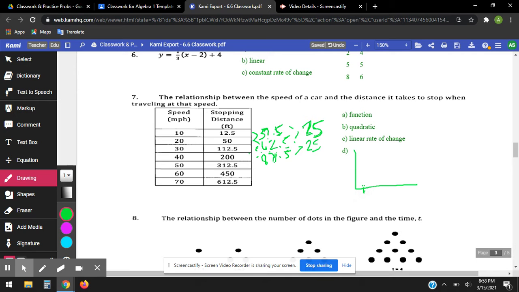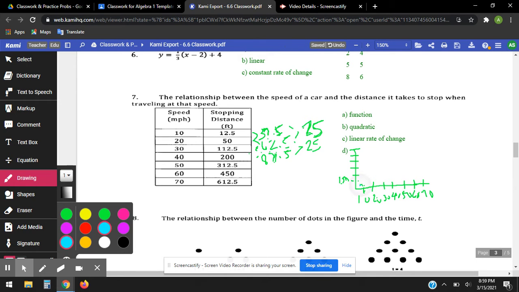So speed we'll do 2, 3, 4, 5, 6, 7. So we'll do 10, 20, 30, 40, 50, 60, 70. And then I need to get up to 600. 1, 2, 3, 4, 5, 6. We'll go by hundreds.